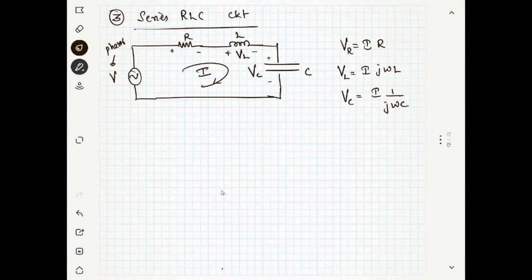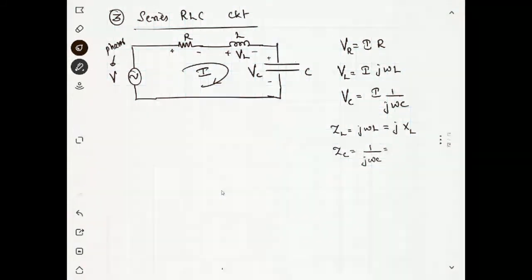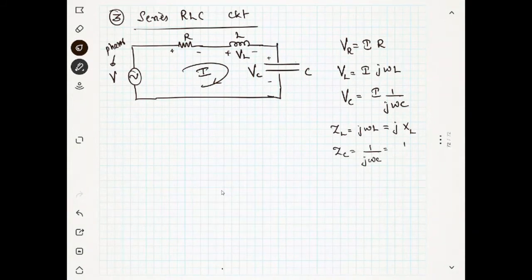I can write it like this. ZL is nothing but j omega L, which is the same as j into XL, where XL means omega L. And ZC is 1 by j omega C, which is nothing but minus j by omega C, or minus j XC.